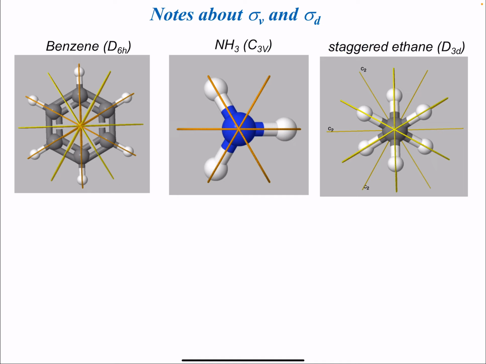Another way you can tell the difference between sigma v and sigma d is that sigma v normally crosses more atoms, and sigma d contains fewer atoms. So that's the difference.